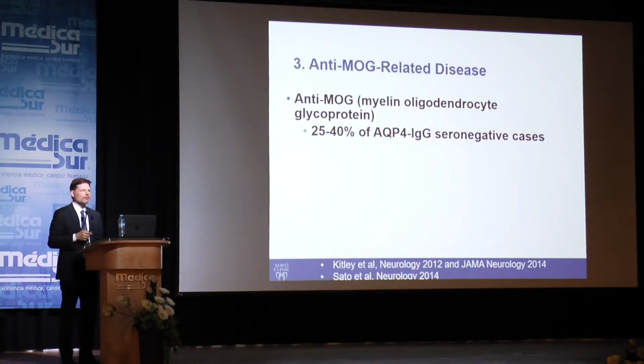Years and years ago, there were first-generation assays against something called myelin oligodendrocyte glycoprotein, or MOG. One of my mentors years ago told me, never believe anything you read about multiple sclerosis if it's published in the New England Journal of Medicine.